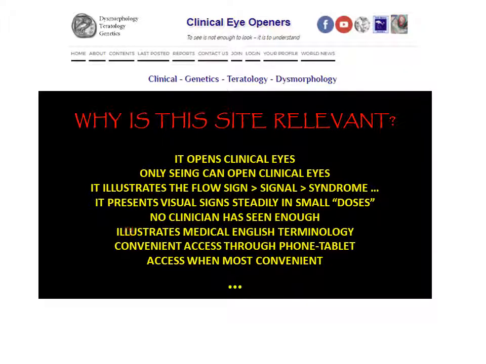To accomplish all of this, it's important that you have steady access to small doses, continuously exposed through some convenient manner, and this website is available through the phone and tablet. So whenever you feel like you are ready to see one more image, they appear regularly and you can open those that provoke you the most. So the access here is quite convenient, and I hope you take advantage of this.